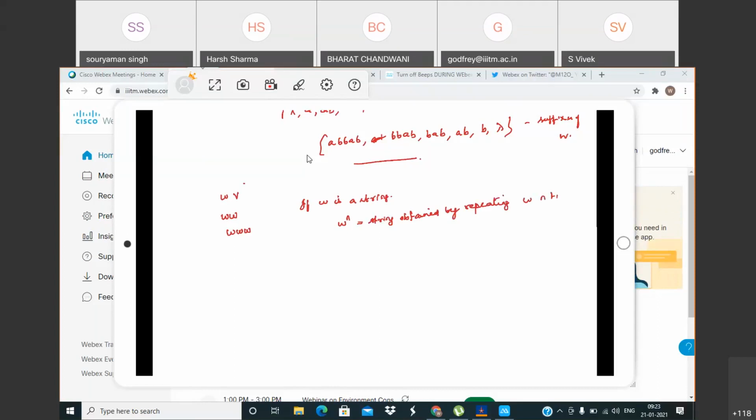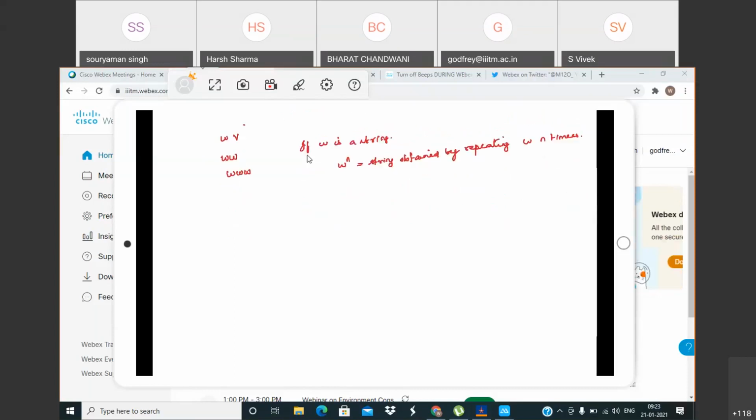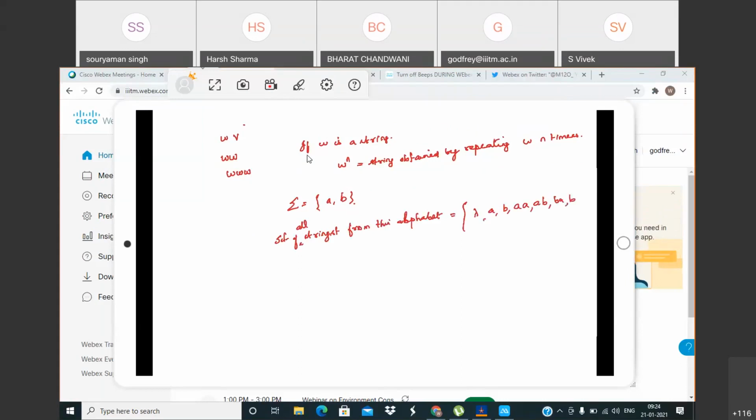Say you have an alphabet sigma equal to a comma b, and you have the set of all strings from this alphabet, which is going to be lambda, then A, B, AA, AB, BA, BB, and so on.